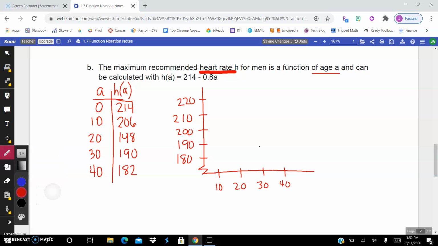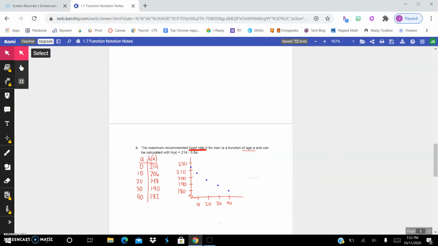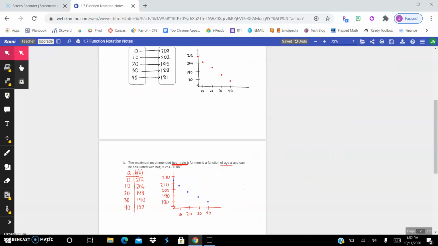And I'm going to plot my points. I have to go over 0 and up 214, over 10 and up 206, over 20 and up 198, and over 30 and up 190, over 40 and up 182. So comparing those two, it looks like women's heart rates are just a little bit higher.